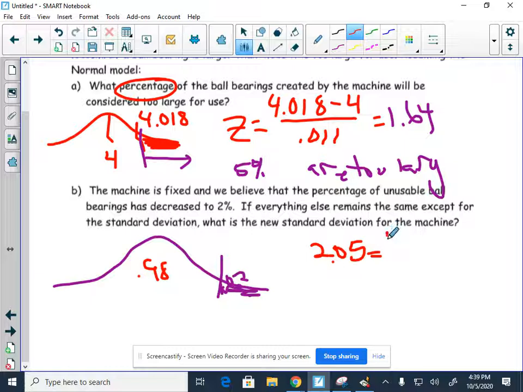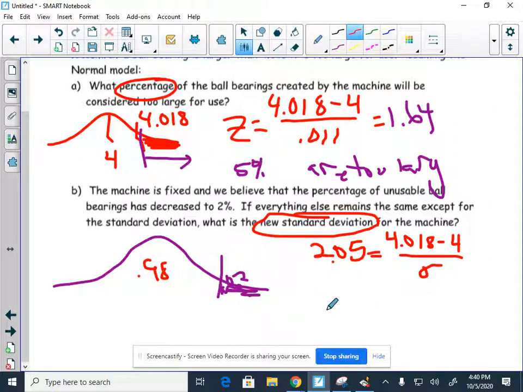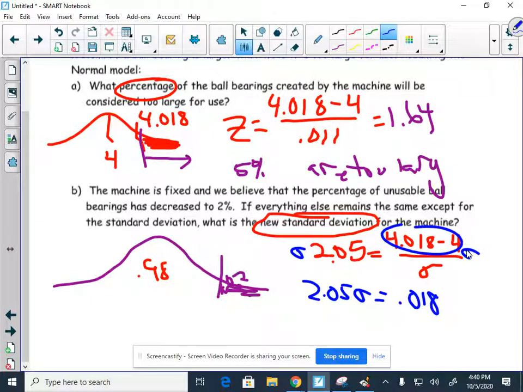Everything else remains the same. So in other words, 4.018 is still the value that's too large. The mean is still 4, but it says, what's the new standard deviation? So all you're doing is you're putting this information in to solve for it. I'm going to multiply both sides by the standard deviation. I get 2.05 sigma equals 0.018, and I just got that by subtracting those two.